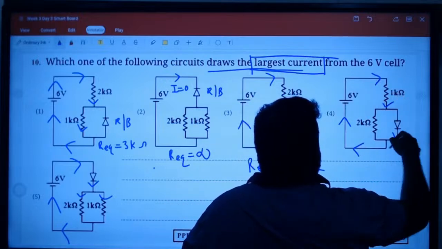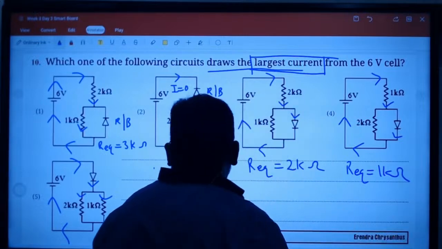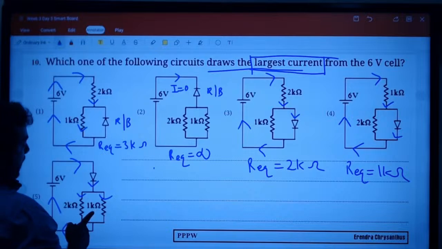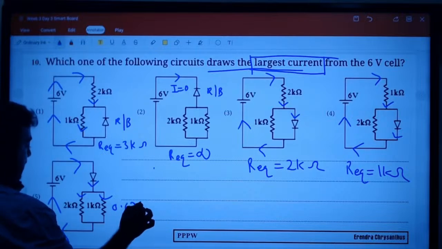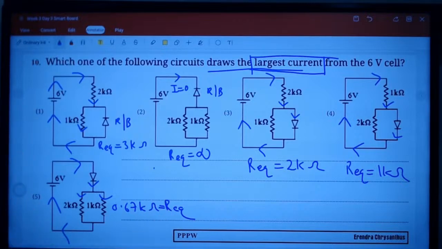Here, 2 and 1 in parallel: 2 times 1 divided by 3, which is 0.67 kilo ohm effective resistance. So the biggest current will be in the smallest resistance. Correct answer, answer number 5.